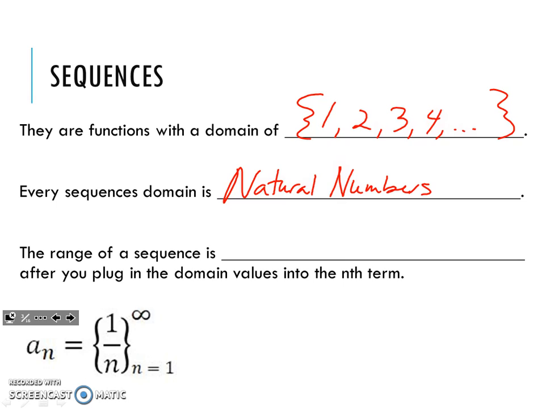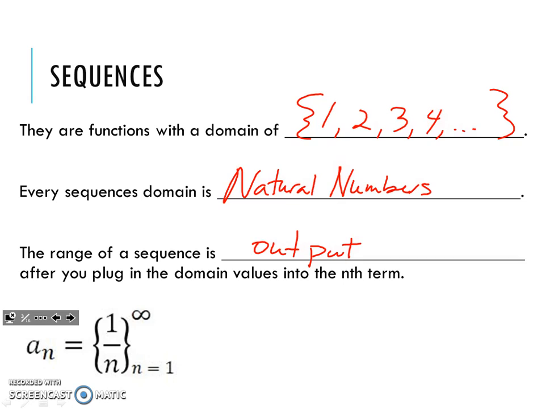And the domain is always the same. The domain is always 1, 2, 3, and 4. The range of a sequence is your output after you plug in the domain values into the nth term.